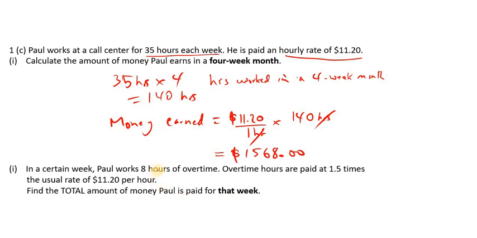Now we're told that in a certain week, Paul works 8 hours overtime. That's a key point. Overtime hours are paid at time and a half. That is 1.5 times the usual rate. The usual rate is $11.20 per hour. Find the total amount of money Paul is paid for that week. So for 1 week, Paul's pay will include what?